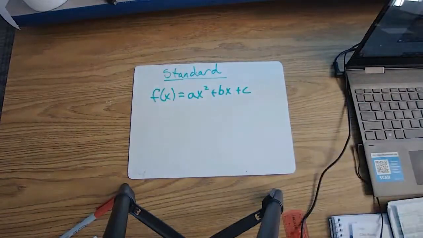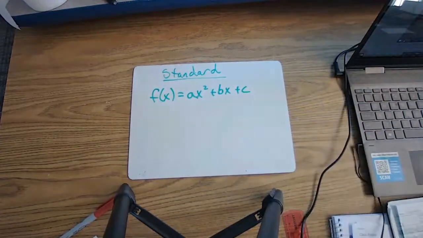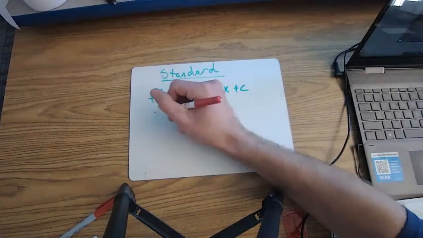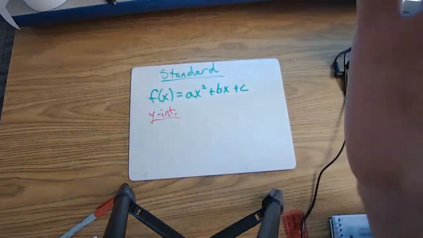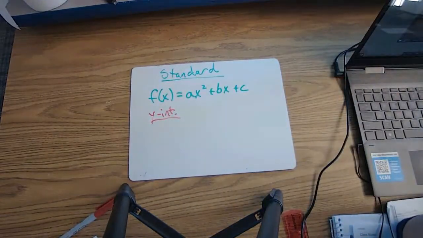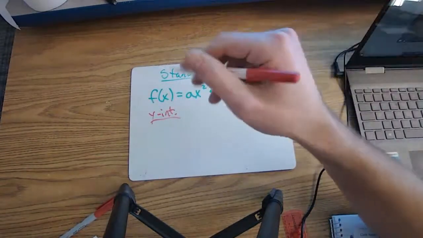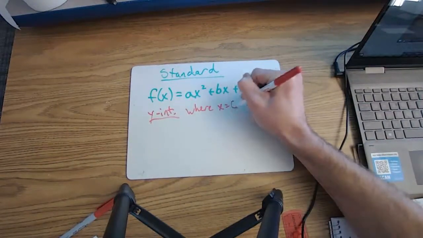Alright, so here's the first one we're going to look at, and that's standard form. What we're going to see here is ax squared plus bx plus c. Okay, this is probably the most familiar way you're going to see it. Now, what we can tell right off the bat from this equation is our y-intercept. Just by looking at this equation, we'll be able to tell where our parabola hits that y-axis. The y-intercept is always found where x equals 0.